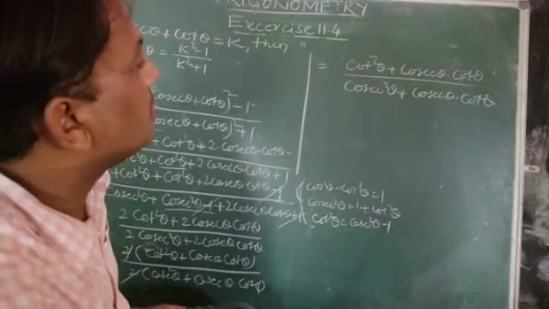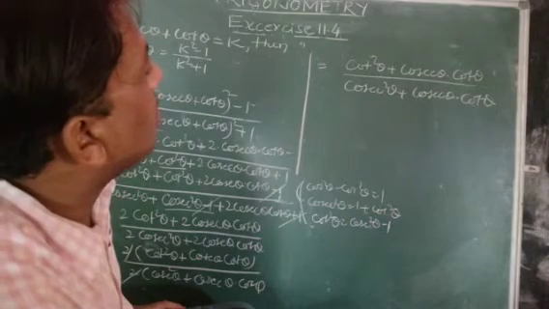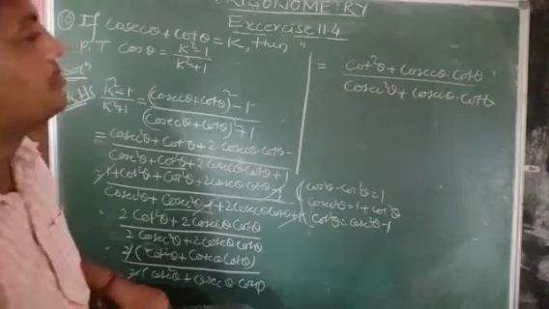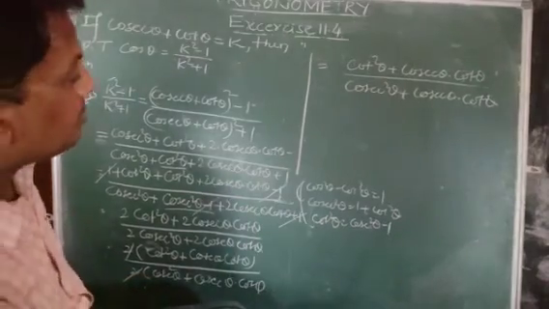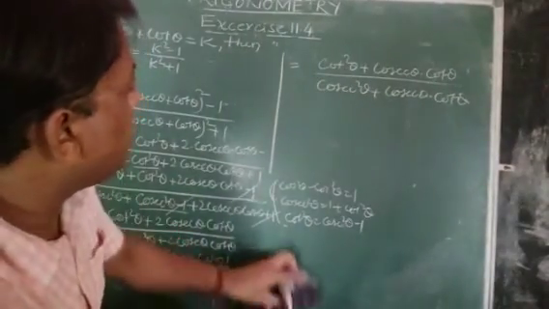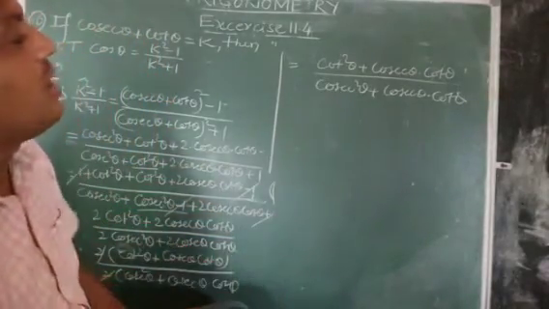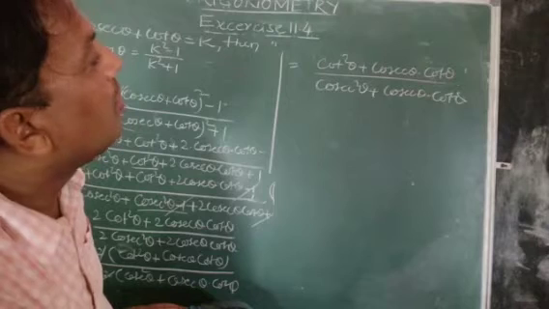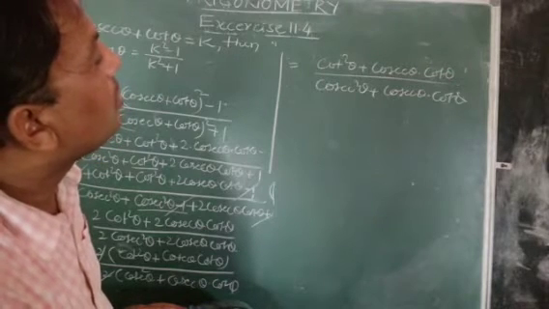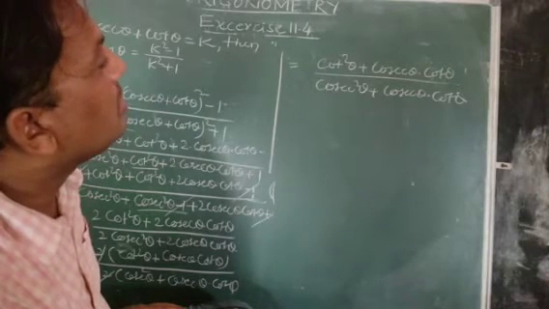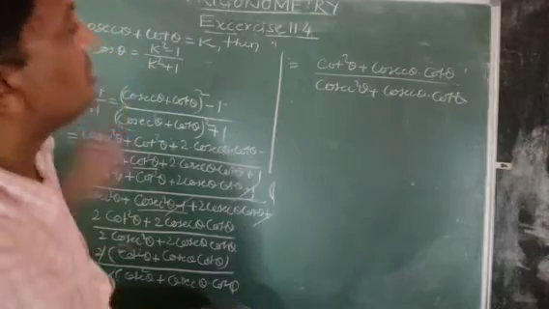Cot theta? No, not cot theta. Nothing is common. Okay, so children, now we have to plan how we can simplify further. Cot square theta plus cosec theta cot theta: cot is common here, and in the denominator cosec theta is common.